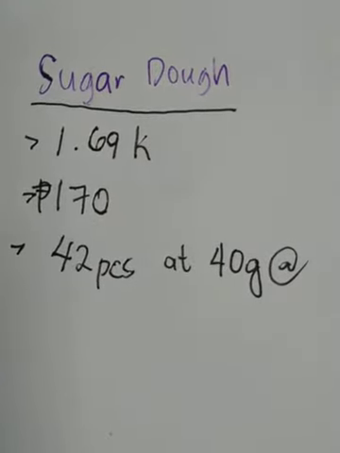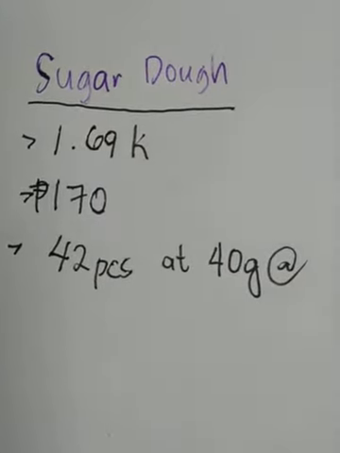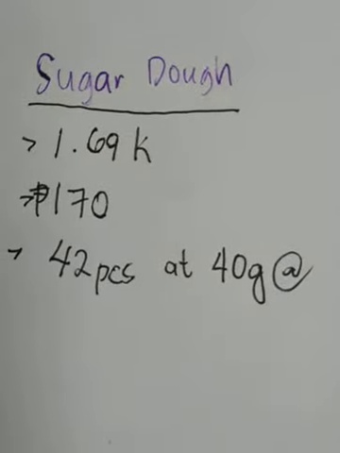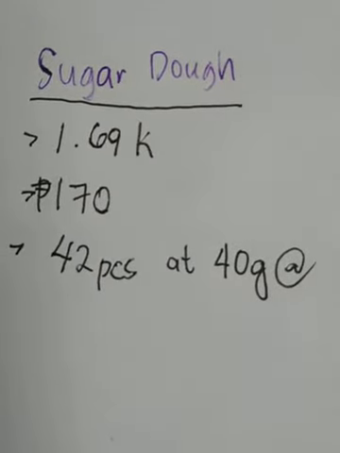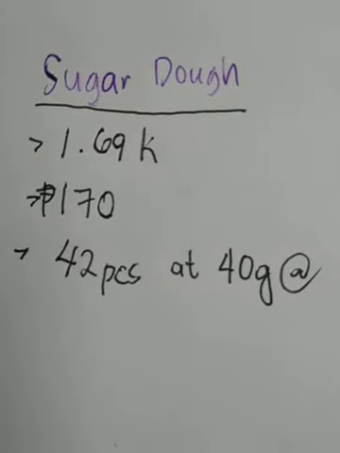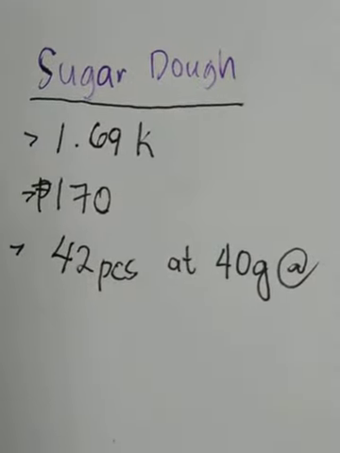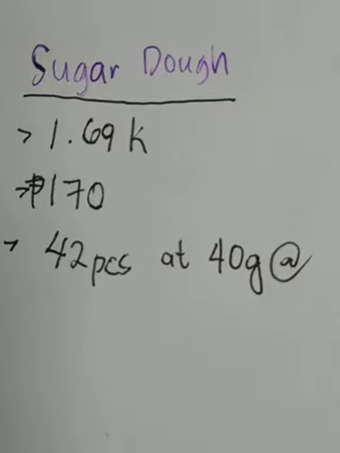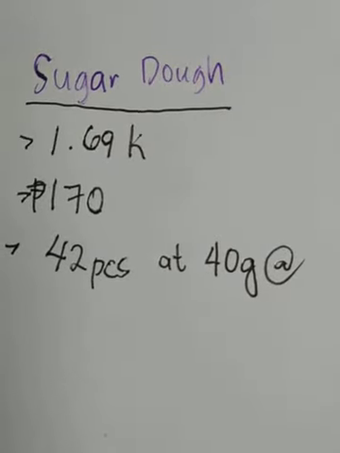Tapos po, it was with a food cost of 170 pesos. And then we divided it sa 40 grams per cookie. And lumabas is makakagawa kayo ng 42 pieces ng cookies according to the computation.